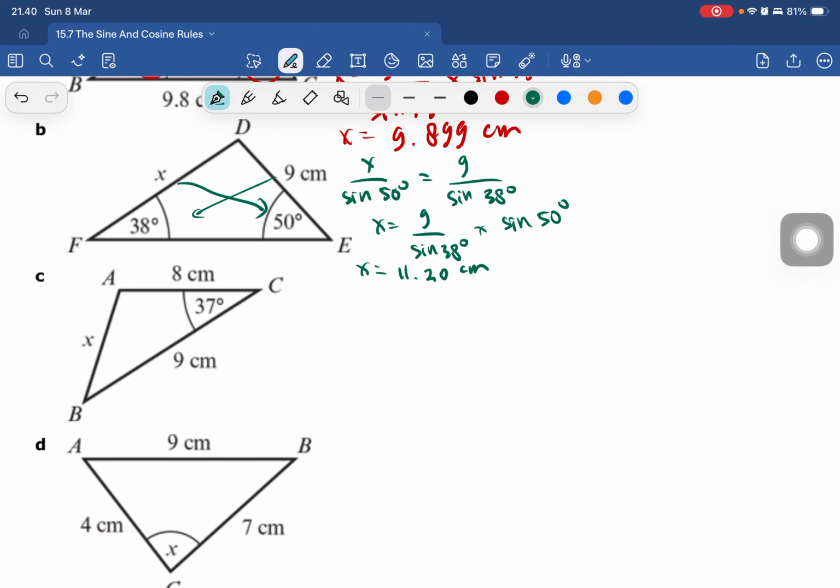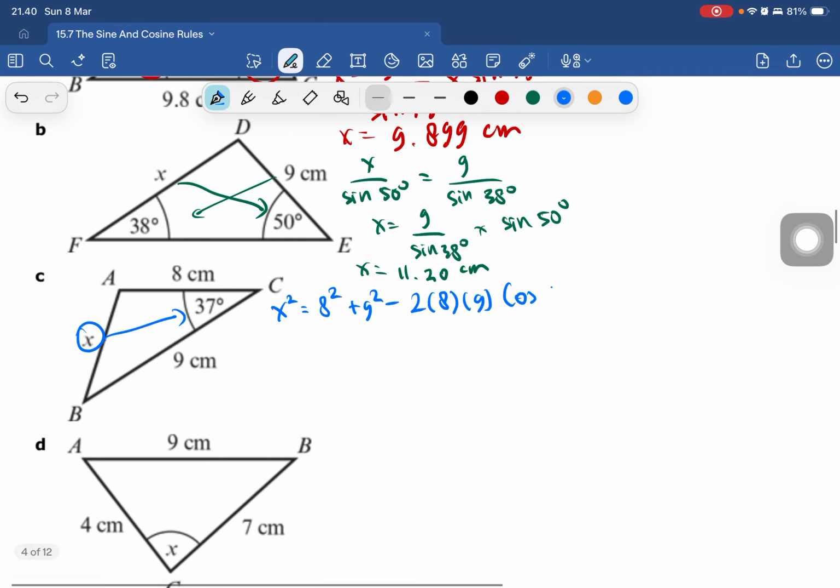Okay, look at it. We have two sides, so we will use the cosine rule. This is x, so x squared equals 8 squared plus 9 squared minus 2 multiplied by 8 by 9, and then we will use cos. Opposite of the side is cos 37 degrees.